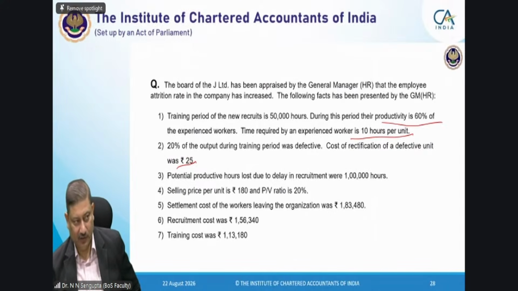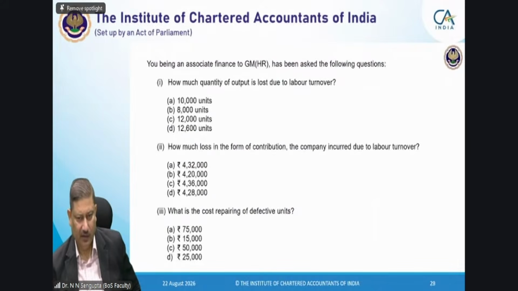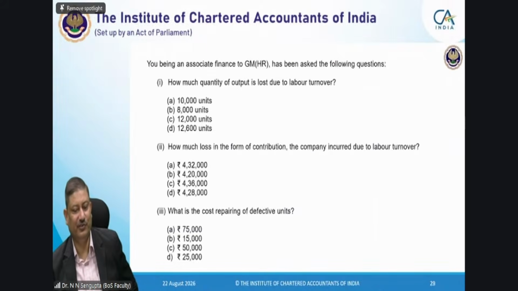Training cost was 113,180. Now, what has been asked is how much quantity of output is lost due to labor turnover? How much loss in the form of contribution the company incurred due to labor turnover? What is the cost of repairing the defective unit?